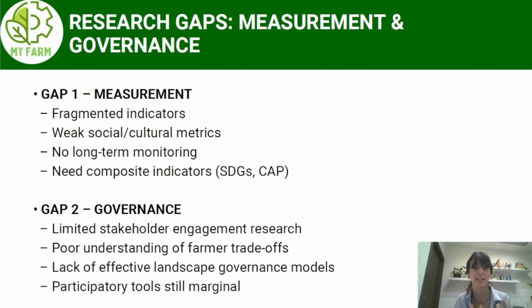And which governance models work best at landscape level? Approaches such as co-design, participatory planning, and territorial contracts are promising, but they also remain under-researched.